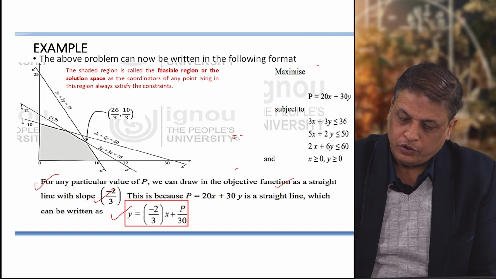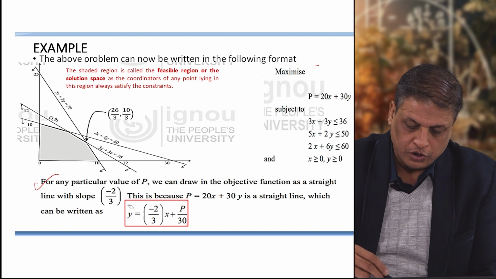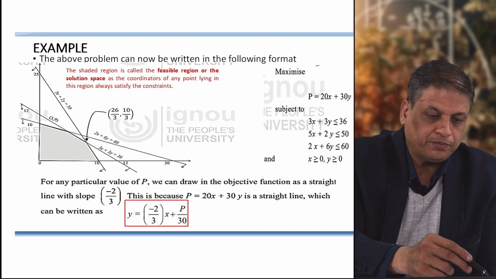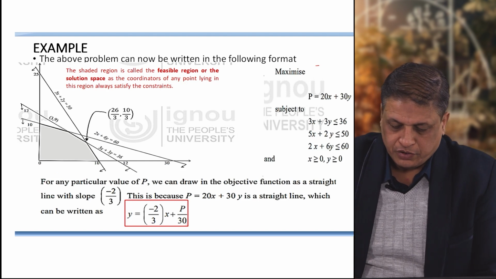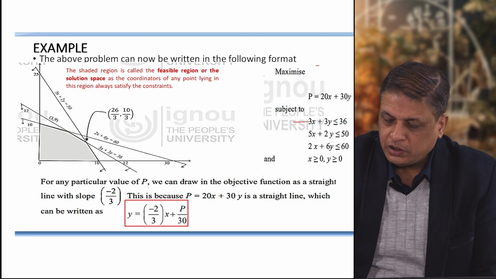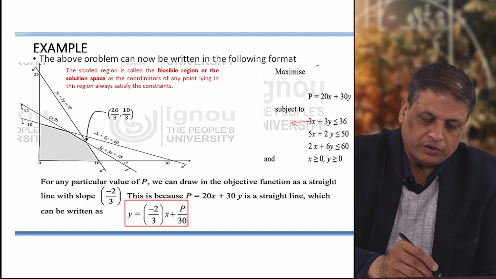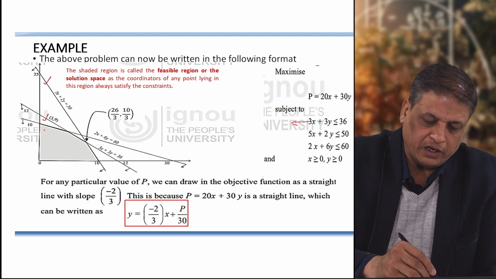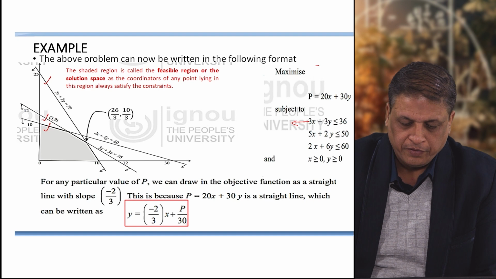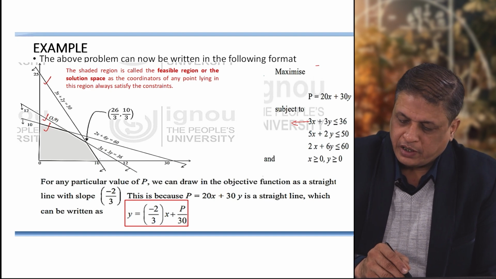Firstly, we need to find the feasible region. In order to find the feasible region, let us take the constraints one by one. Here you are seeing there are 3 lines because there are 3 constraints, and on these lines the equations are written.